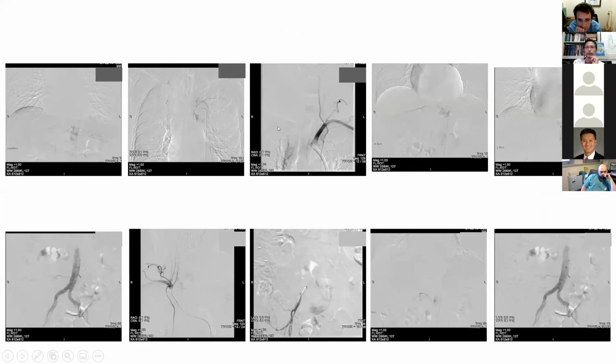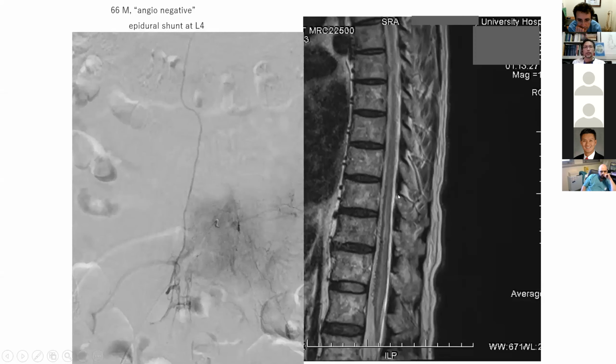Again, they searched from head to toe, but they couldn't find anything. So they did this twice, and they said this patient probably doesn't have a dural shunt. It's probably something else.